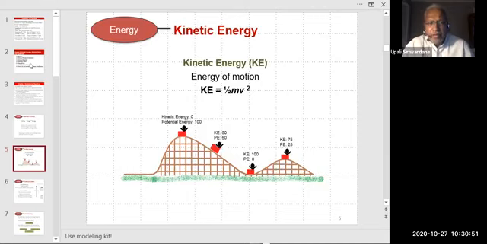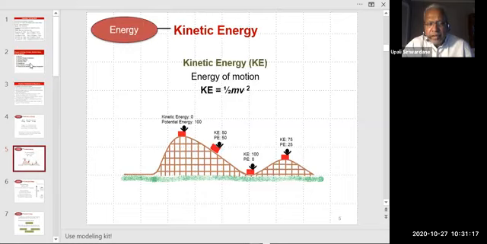If you look at the diagram below, you can see that in an amusement park, when you take a ride, there are various amounts of potential and kinetic energy conversions. At the bottom of the ride, the lowest point, the kinetic energy is highest and the potential energy is lowest.